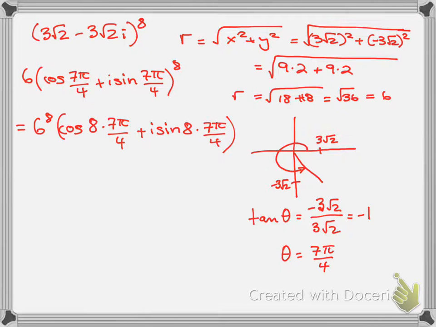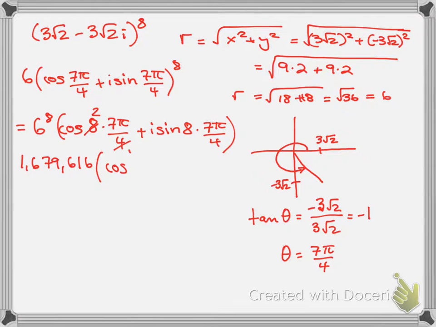Okay, I'm going to use my calculator now. 6 to the 8th power is 1,679,616, times cosine. Now we can reduce. 4 goes into 4 once and into 8 twice.